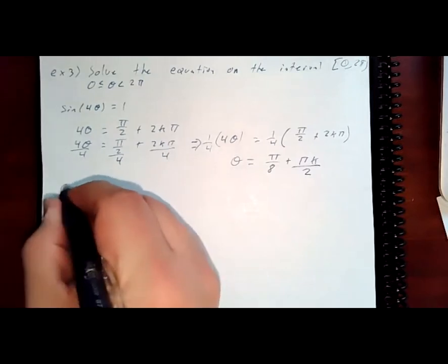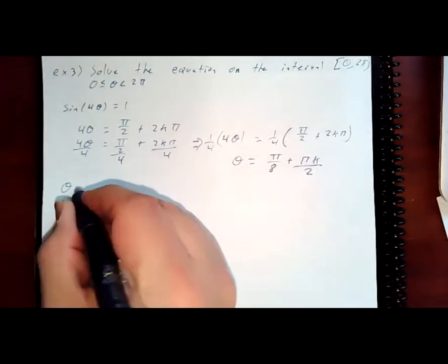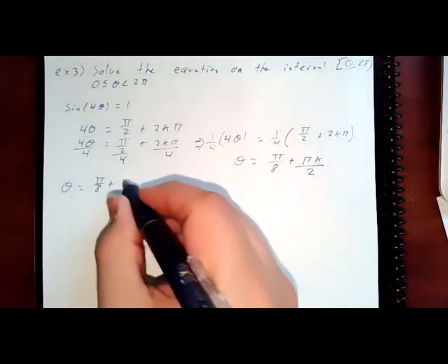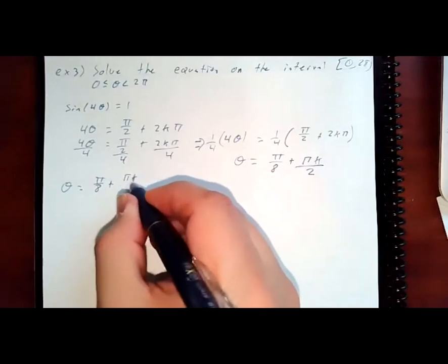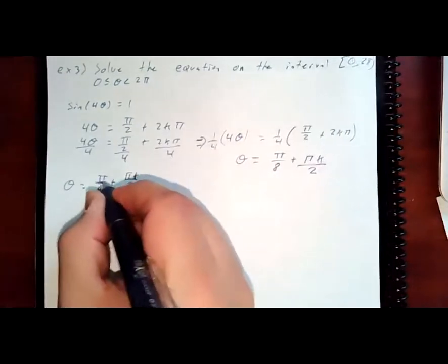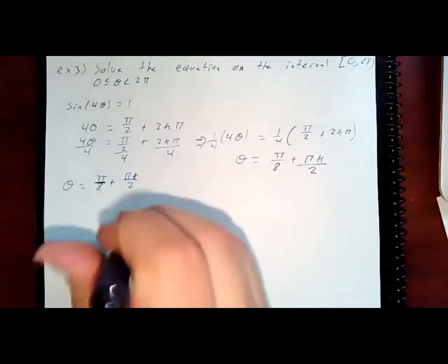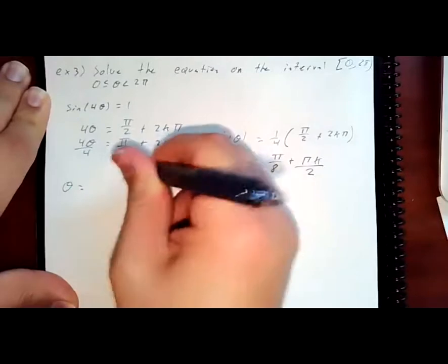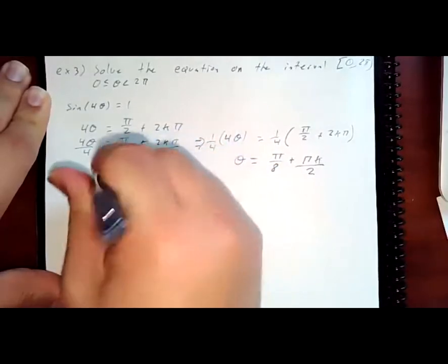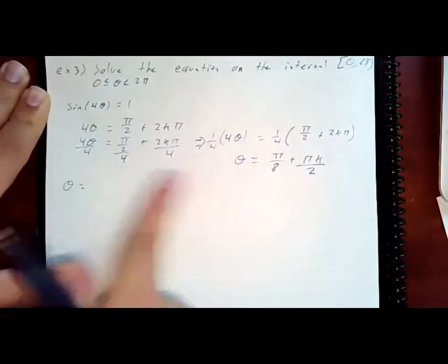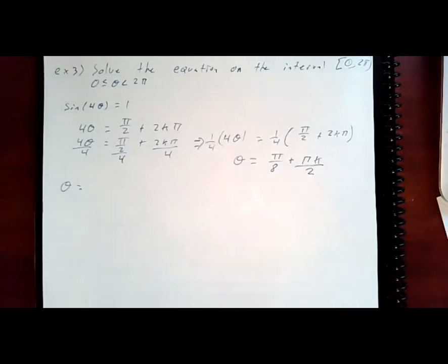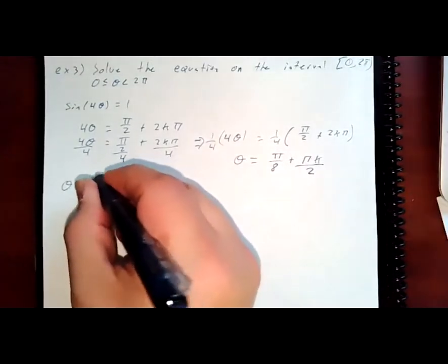So now we have the solution set. So general theta is equal to pi over 8 plus pi k over 2. The issue, okay. Maybe write that prettier. So you're going to use this piece here to find the solution sets, the actual finite answers. So we're going to use this as our guide.